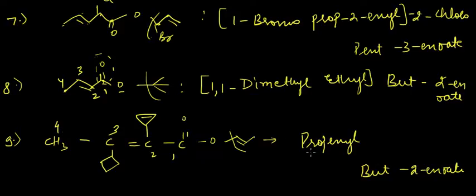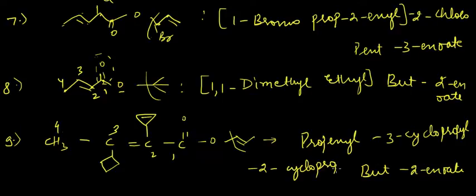Now we have 3-cyclopropyl, and then we have 2-cycloprop-2-enyl. So the complete name would be propenyl 3-cyclopropyl-2-cycloprop-2-enylbutanoate.